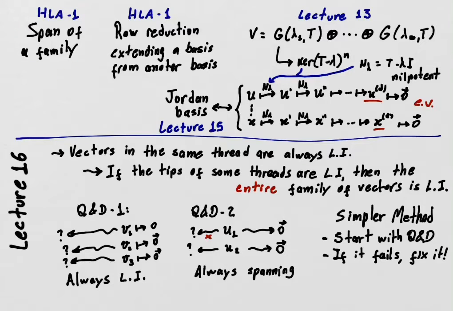Another concept from Honors Linear Algebra 1 that we may use towards searching a Jordan basis is row reduction, and how you can extend a linearly independent family to get a basis, or just add one more linearly independent vector to a linearly independent family.